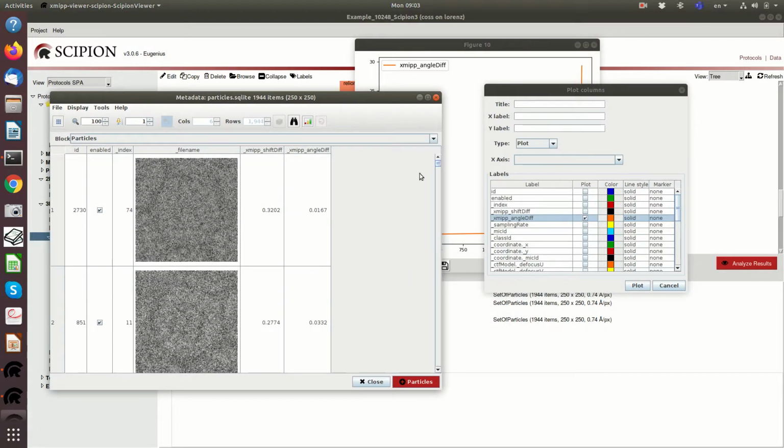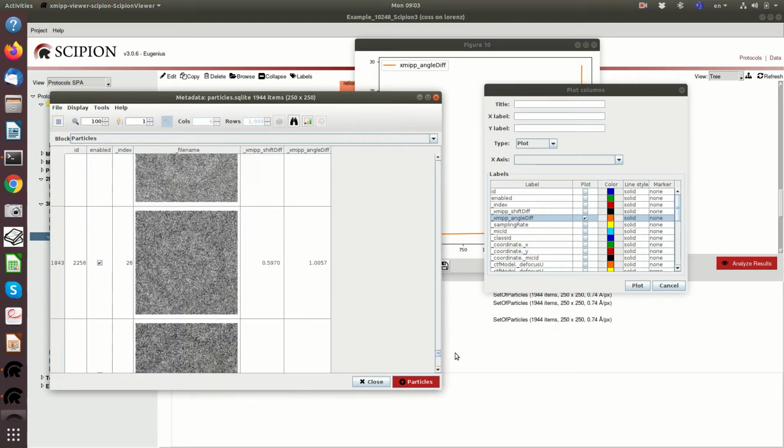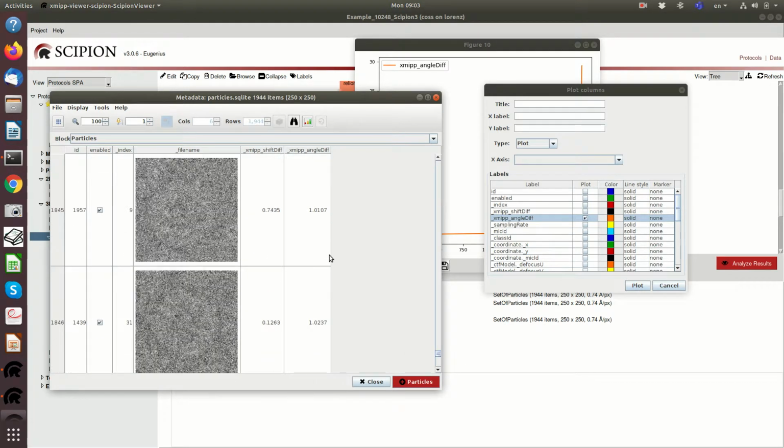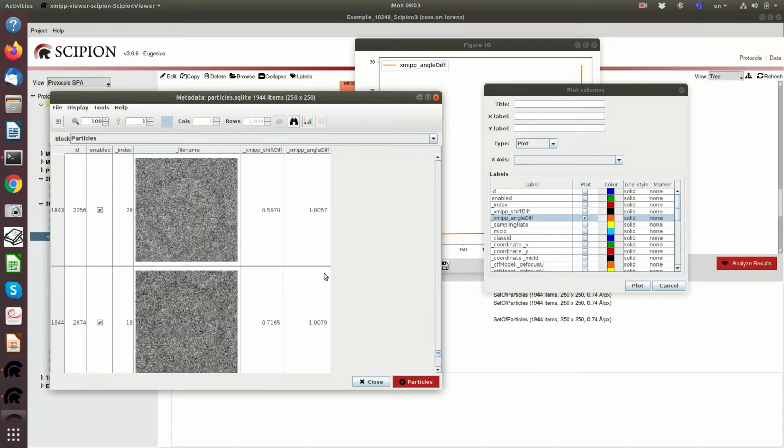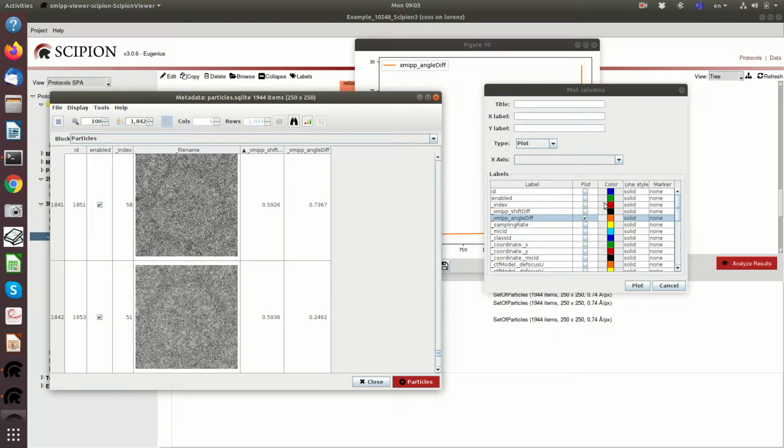So you can take them off. You can go to, for instance, 1 degree if you want, and say, okay, from 1 degree on, I will select from here and disable. And now you sort by the shift, and you can make a similar plot with the shift.